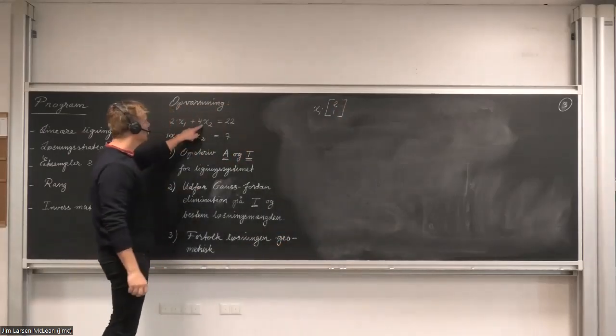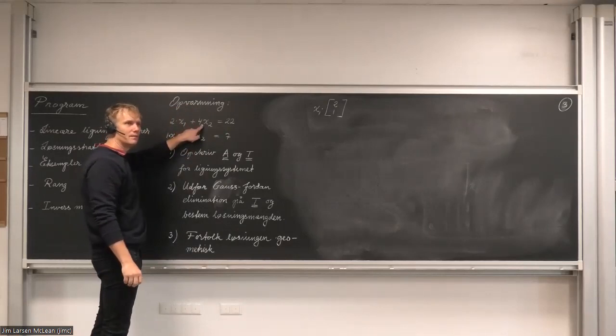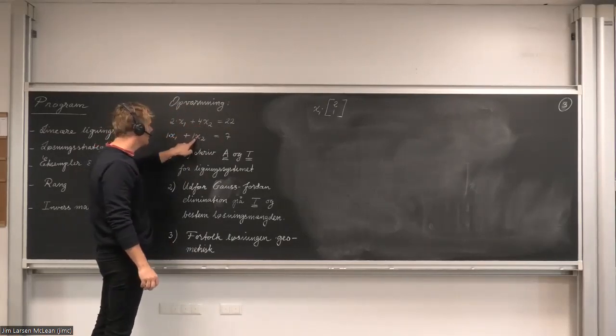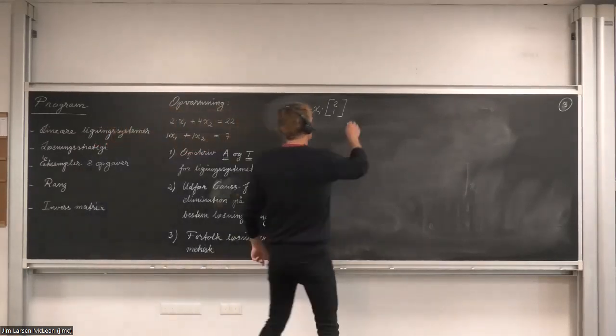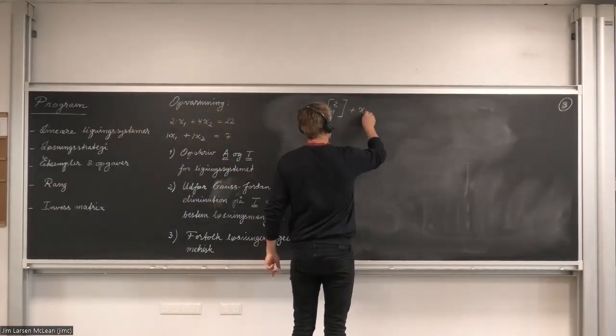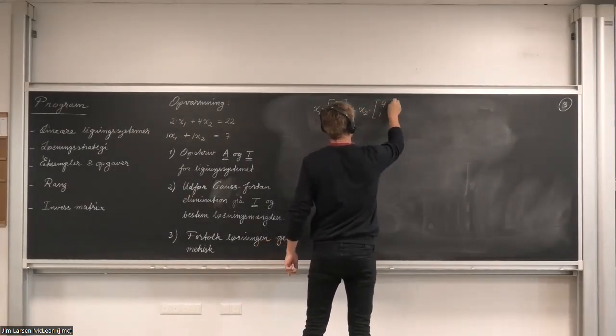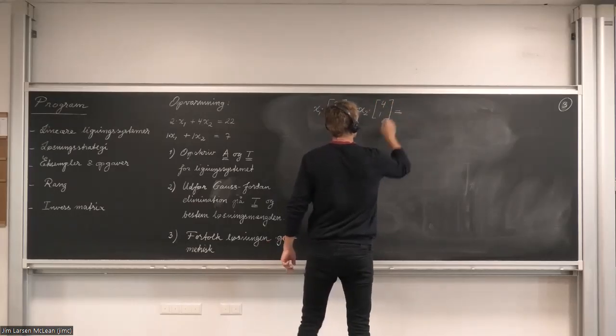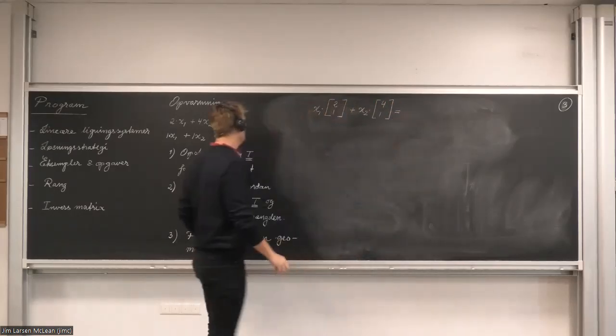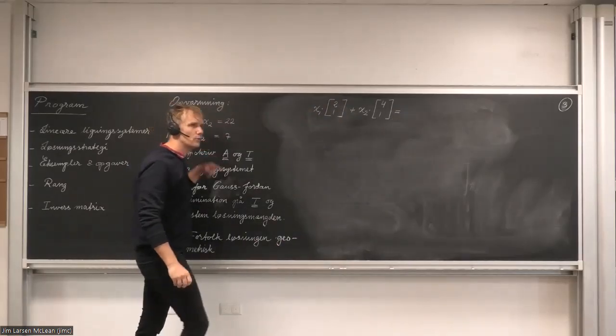If you look over here, what has x2 been multiplied by? It has been multiplied by 4 and 1. So x2 is multiplied by the vector 4 over 1. And what should it give for a vector on the right side? Well, it should give 22 over 7.